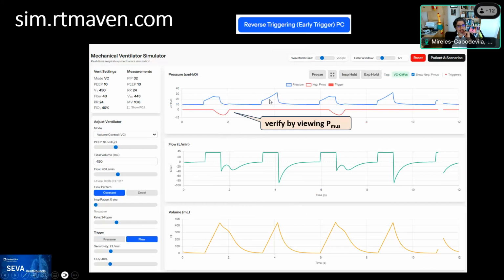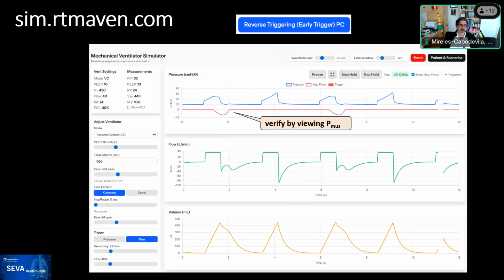And you can see in the next breath that it starts exactly the same. So if you would grab a piece of paper and occlude the image that you have there, you would see that it's identical until you get to that point in which it changes, and it would tell you, yep, this was a machine trigger, and then there's evidence of PMUS.